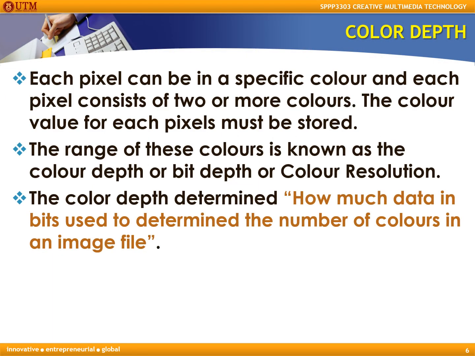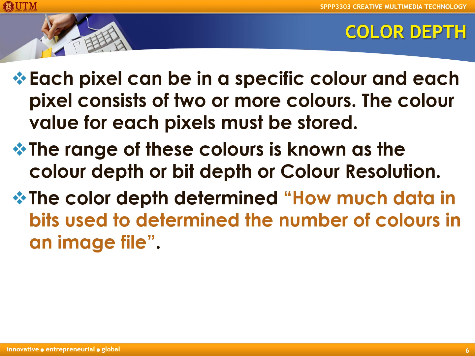Now, how do we actually measure the color depth of any image? We can measure the color depth of an image by knowing how many colors are in one pixel. Each pixel can be in a specific color, and each pixel consists of 2 or more colors.